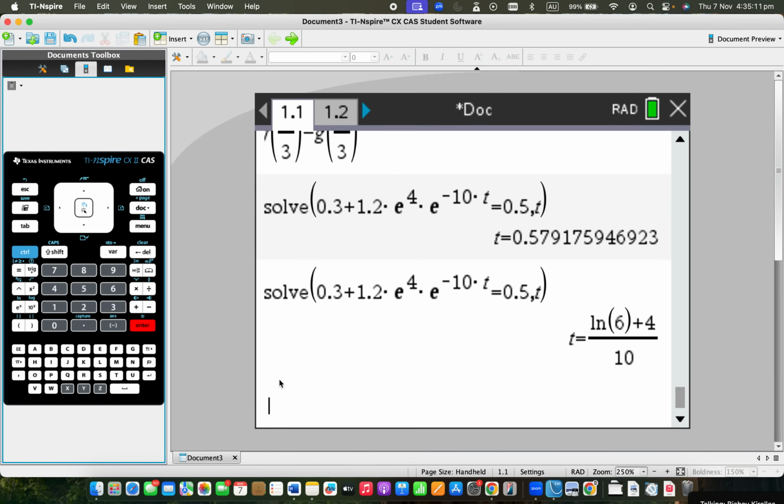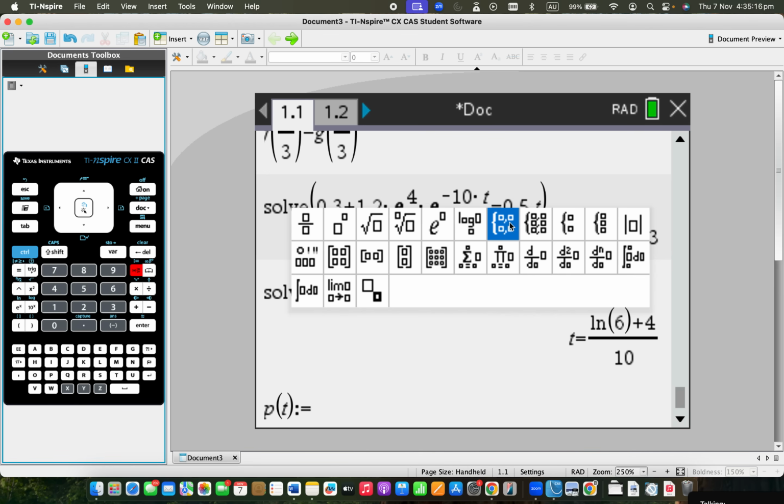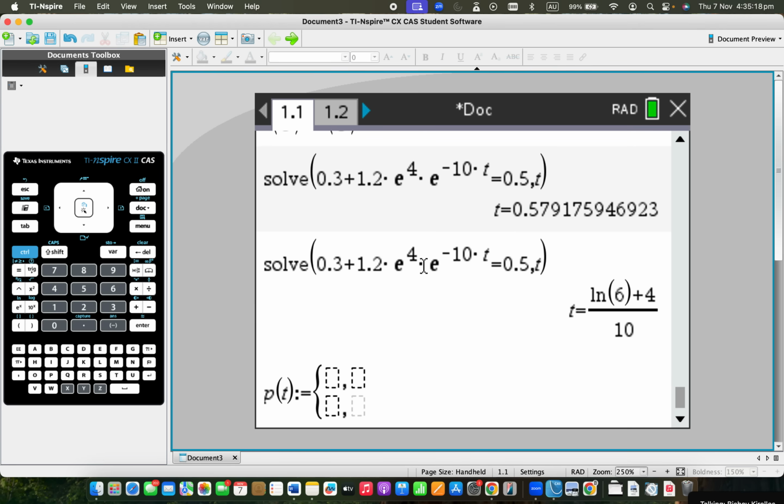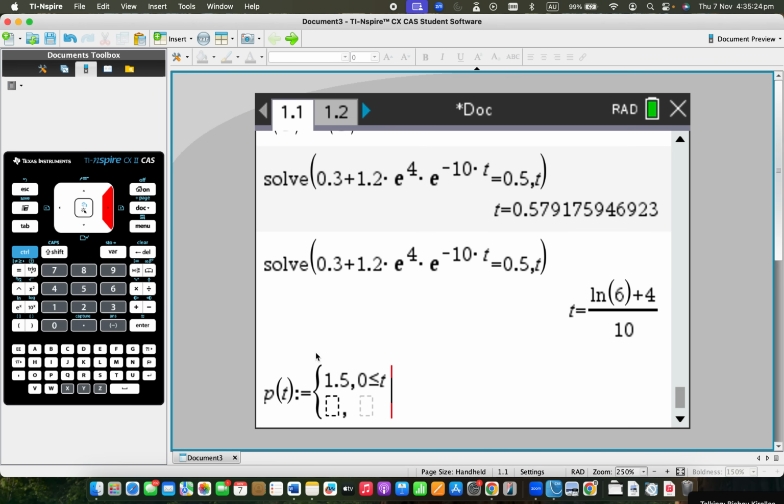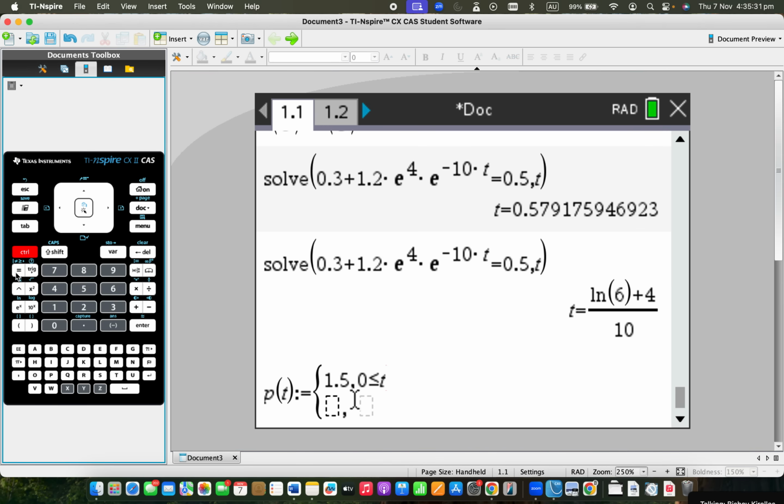Okay, so P of T, I'm going to define it. That's 1.5 for 0 less than or equal to T less than or equal to 0.4.